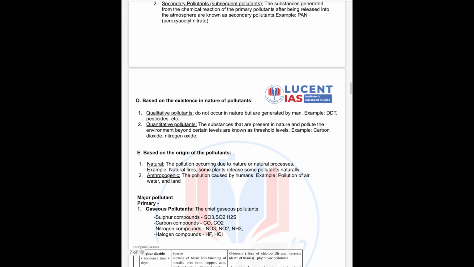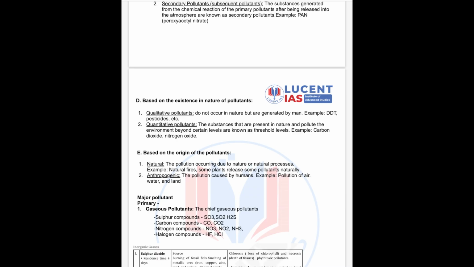Then based on the existence of pollutants in nature, one is the qualitative pollutant. They do not occur in nature but are generated by man, like DDT, pesticides, etc. Then quantitative pollutants: substances present in nature that pollute the environment beyond certain levels.